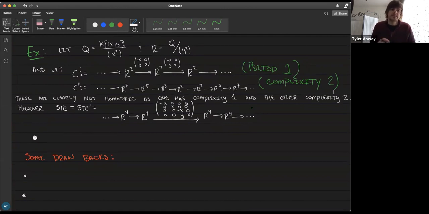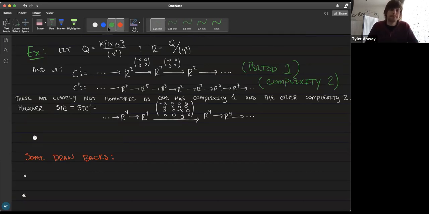However, when you approximate each of these, you get the same exact complex. It's this periodic complex with rank 4 free modules, right?